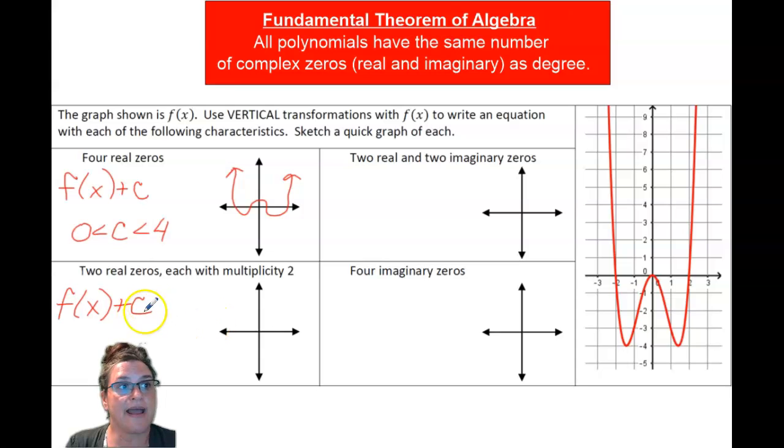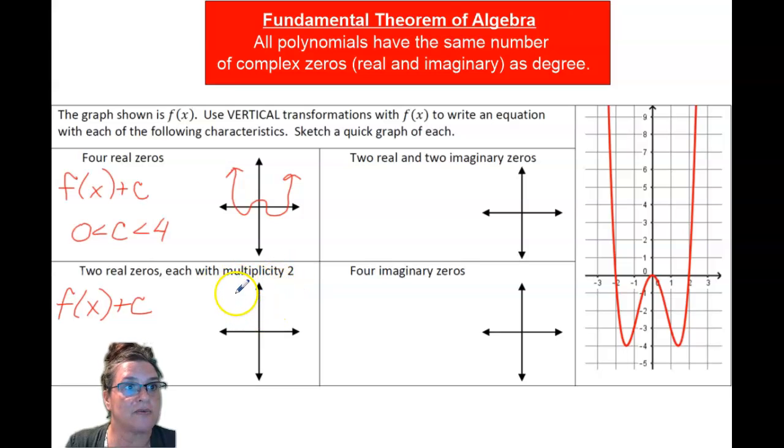The c that I add is going to need to be an exact value in order to get these two turning points, these absolute minimums, to sit right on the x-axis. That would be 2 bounces, which would be 2 real zeros, each with multiplicity of 2.